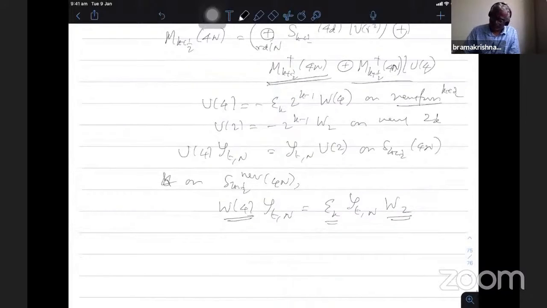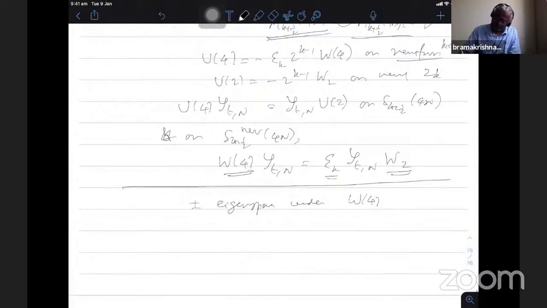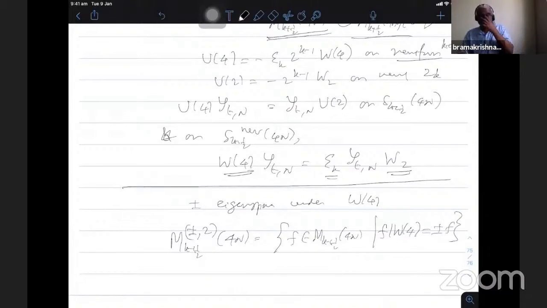So with all these things, now we consider the plus minus eigenspace under W4. So what we define is, you define M_{k+1/2}^{±,2}(4n) as the set of all f in M_{k+1/2}(4n) such that f bar W4 is plus minus f. Okay, so since W4 does not preserve the plus space, with this plus minus 2 you won't have any ambiguity in the notation.